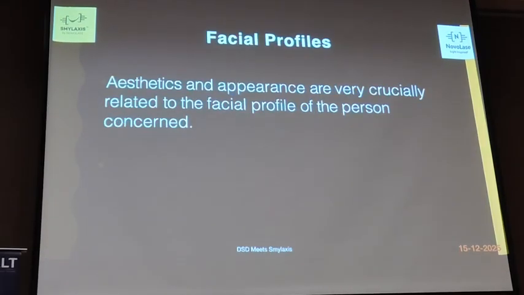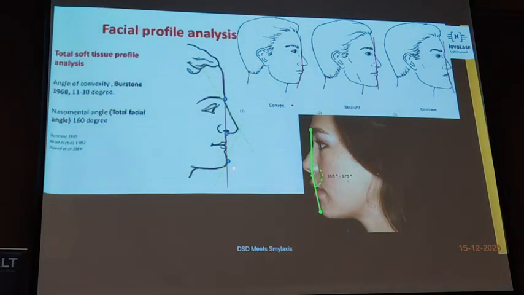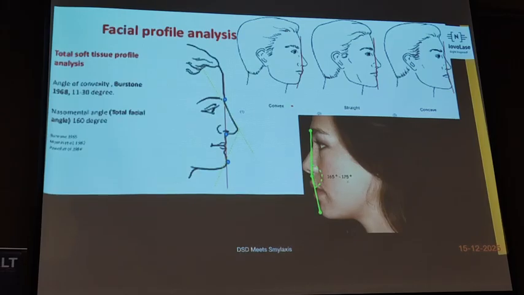Yeah. So facial profiles. Patients will have these 3 profiles. One is flat, that is a straight line. It is orthognathic. This is prognathic. This is retrognathic. The straight is orthognathic. This is normal. Just trying to tell you, because if you know these things, you'll be able to understand how the DSD works.